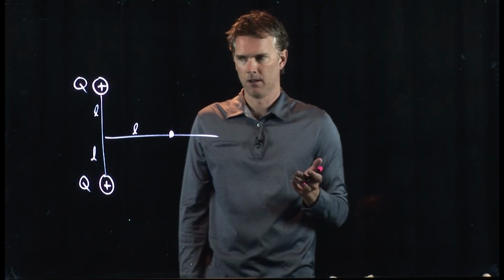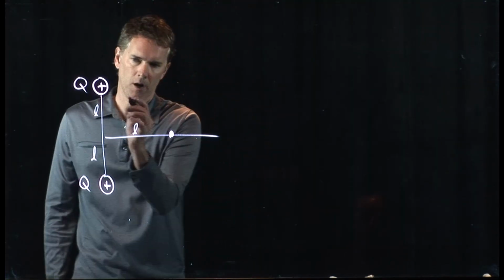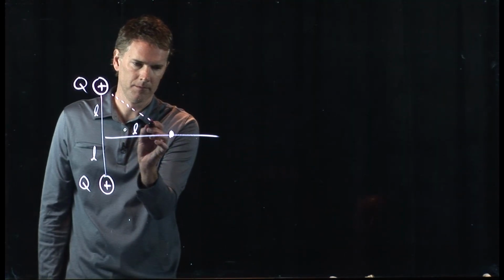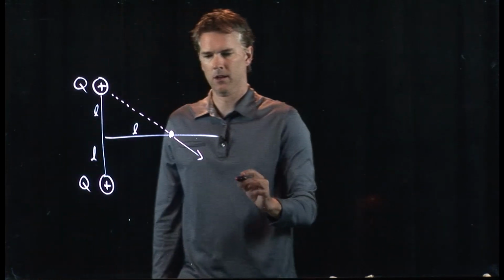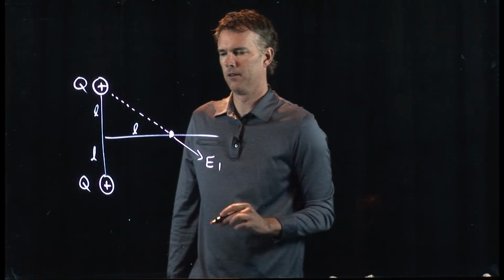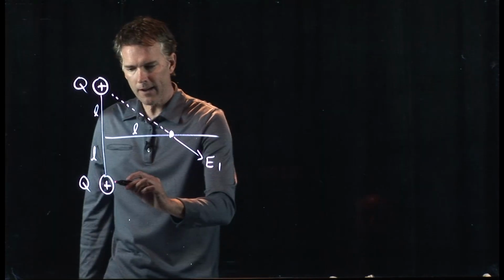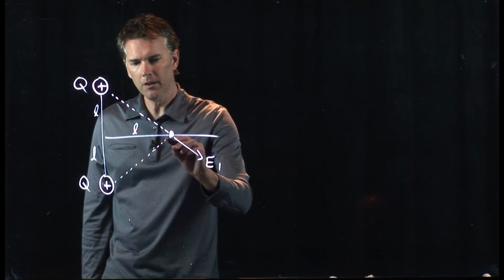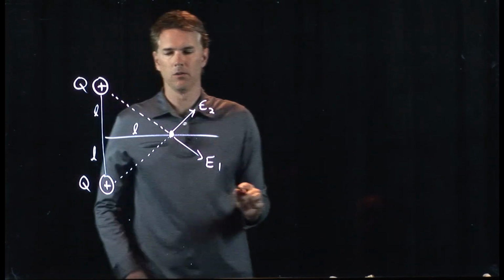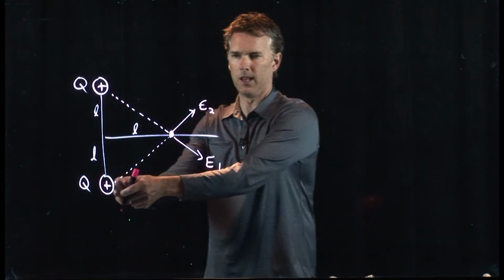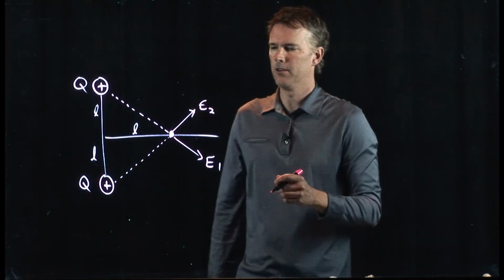How do we do it? Well, we know that we have an electric field from this one. It must be pointing in that direction. Let's call that E1. We know we have an electric field from this one that's pointing in that direction. Call that E2. Those are positive charges, so E field lines leave the positive charge.